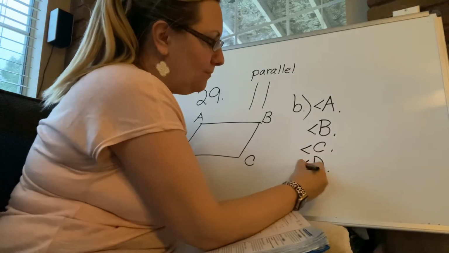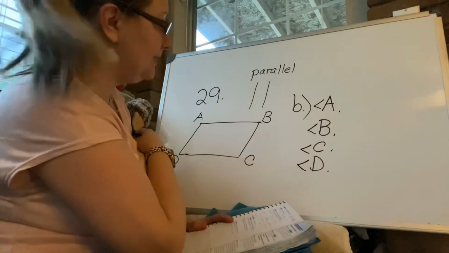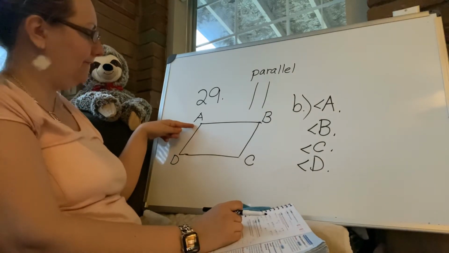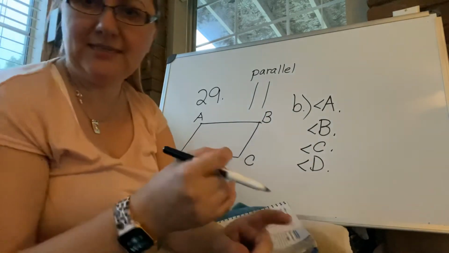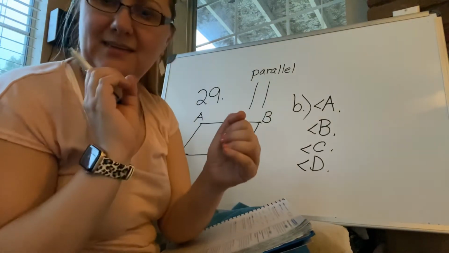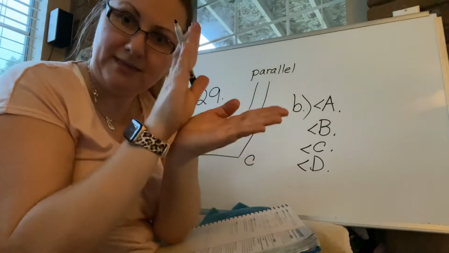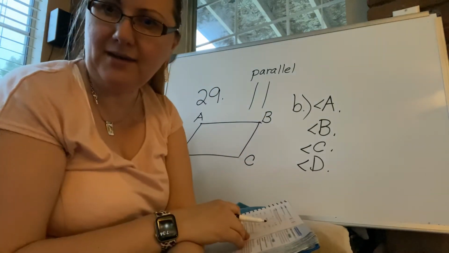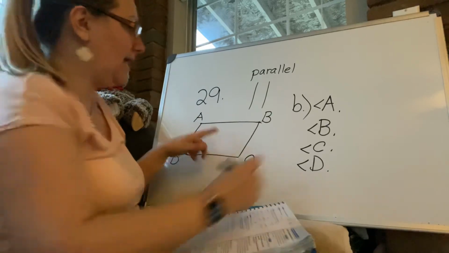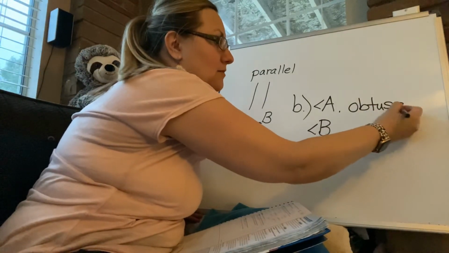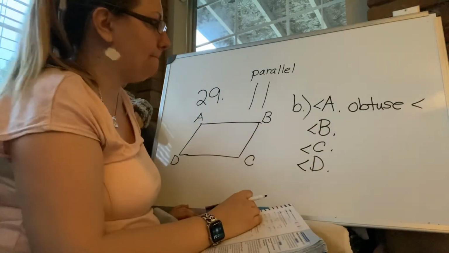Angle A, angle B, angle C, angle D. And what do you see as angle A? So what you're looking for here, is it obtuse, really wide? Is it a right angle, exactly 90 degrees? Or is it a cute little angle that we call an acute angle, right? So A, you can see, is open, pretty wide, so it is an obtuse angle.